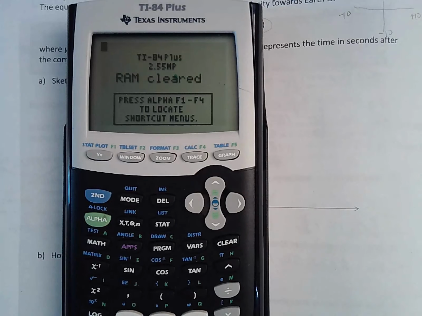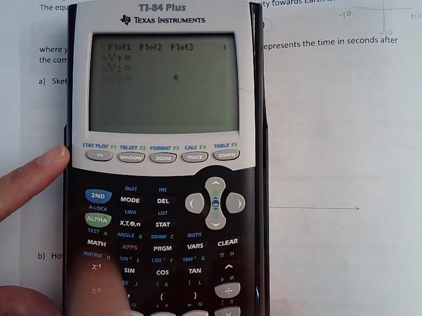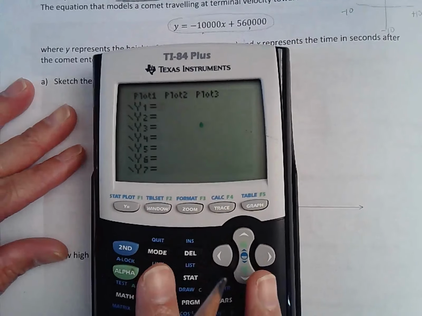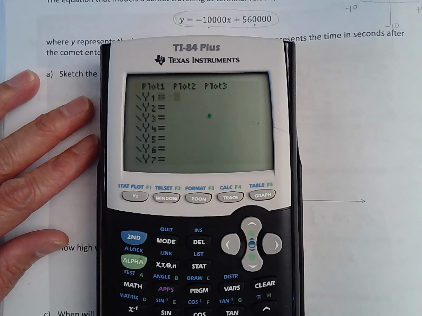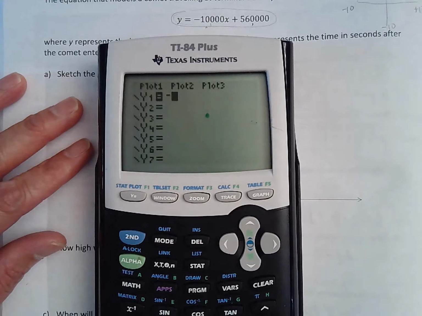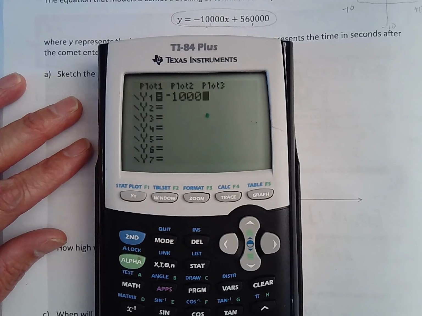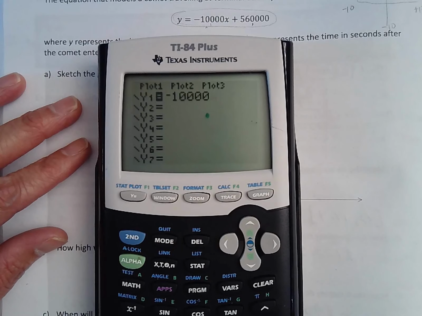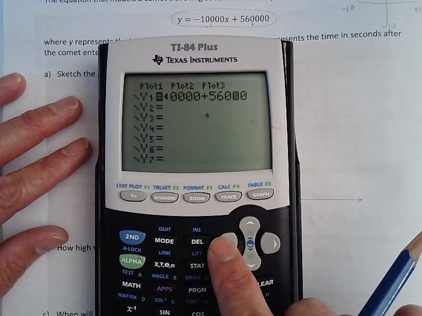So everything is cleared and reset back to normal. So let's type in our equation: negative 10,000 x plus 560,000. Oh yes, thank you.